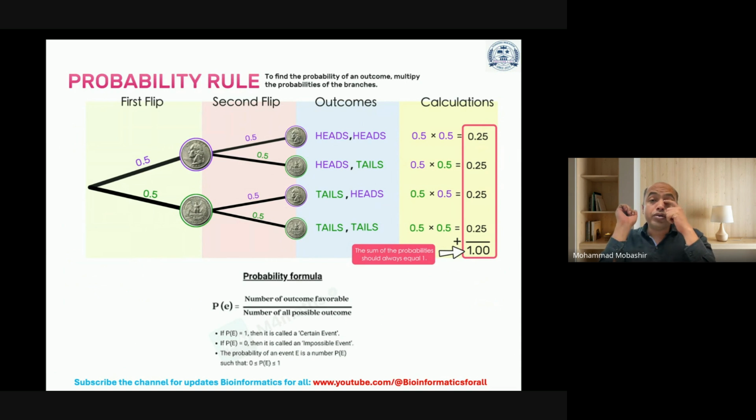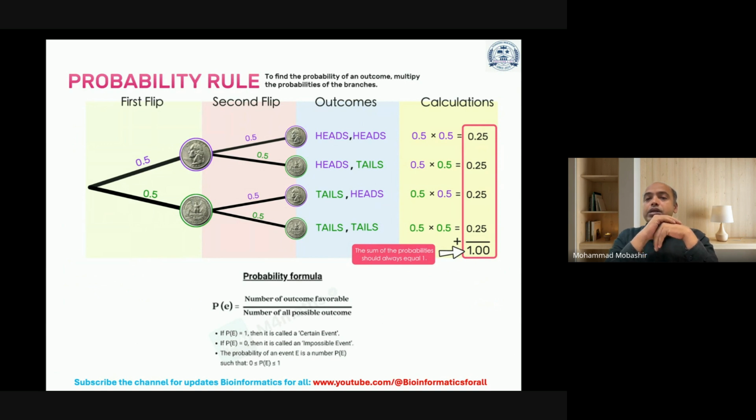When you flip the coin a second time, this will continue and the outcome will be head and head, then there is another chance to get head and tail.